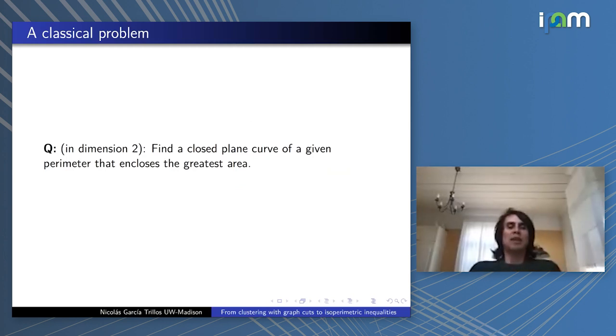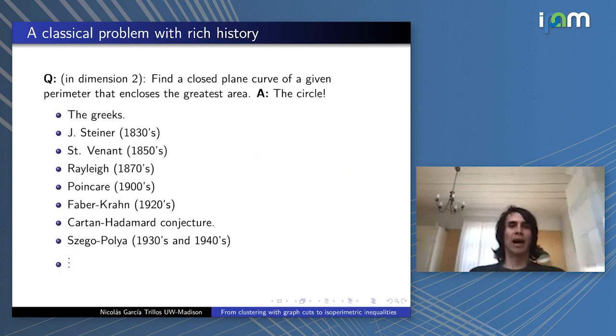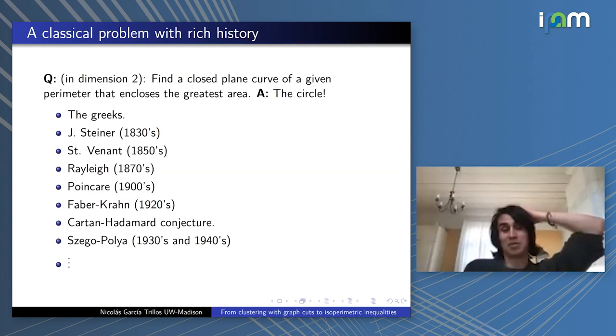Okay, so maybe you've seen this problem before. I think this is a very famous and very classical problem. In dimension 2, imagine you want to find a closed plane curve of a given perimeter that encloses the greatest area. I hope that we all know that the answer is the circle. And of course, this is a problem that is very classical, with a very rich history, perhaps going as far back as the Greeks, maybe even earlier.